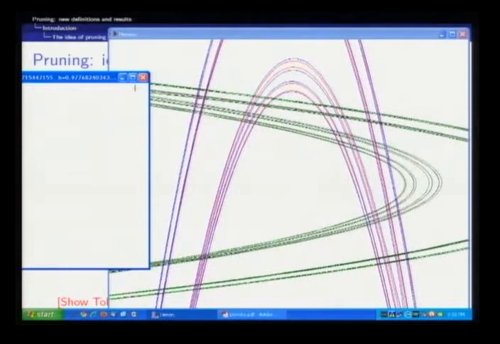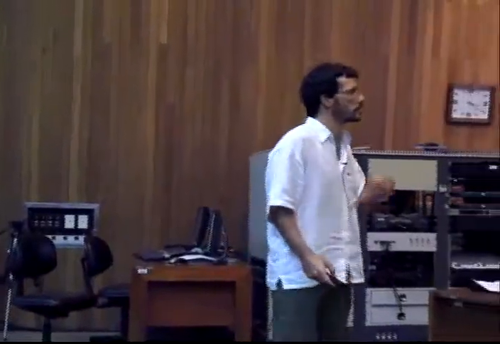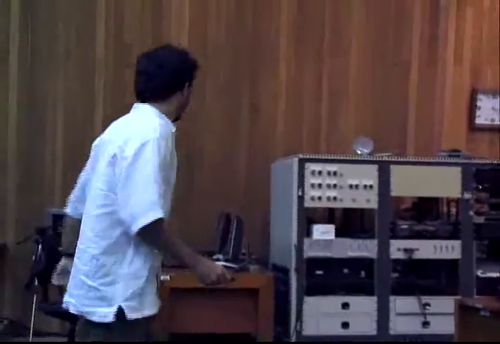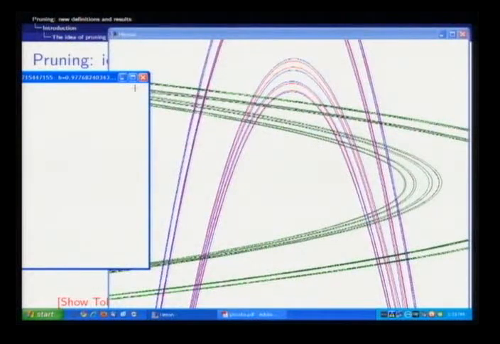And then you decide to say, well, that's what you see, it's what happens. So what Cvitanović proposed is that, let's describe this mathematically. So first observation: when the parameter A is very large, all the way to that point there, what you have are the stable and unstable manifolds of a horseshoe.